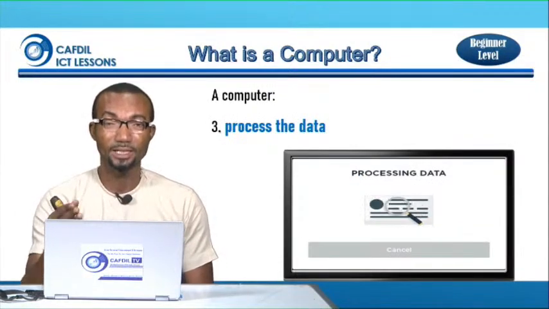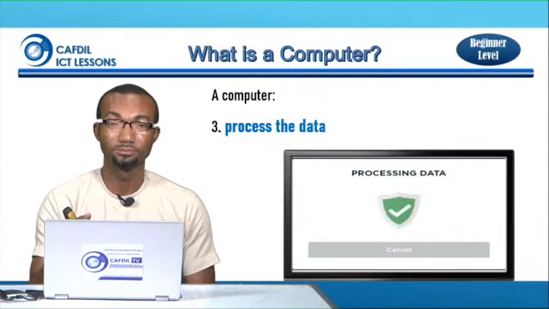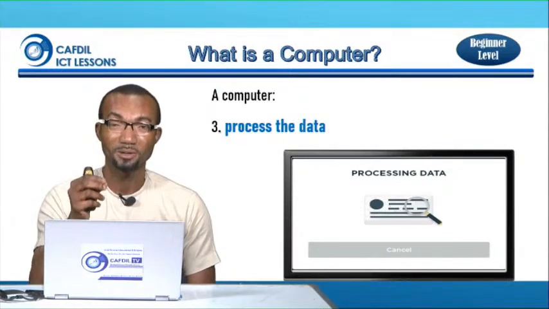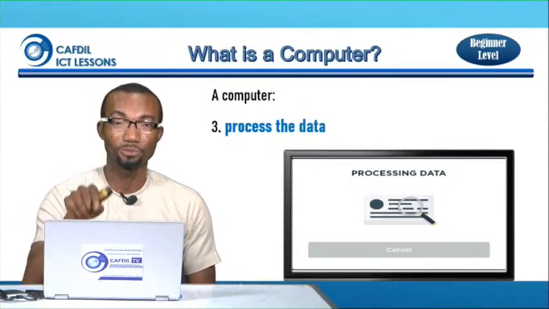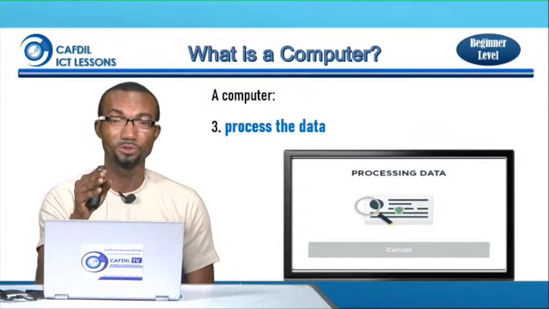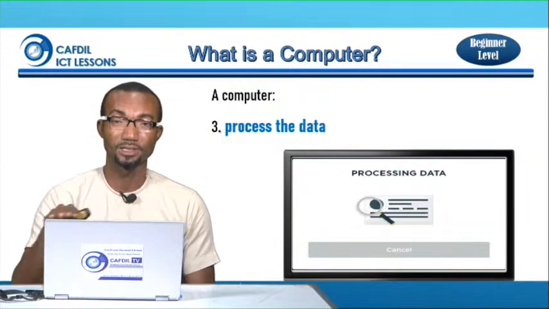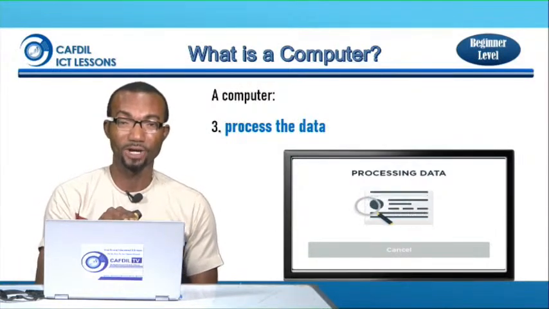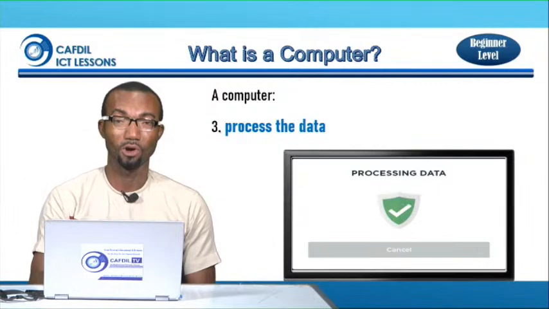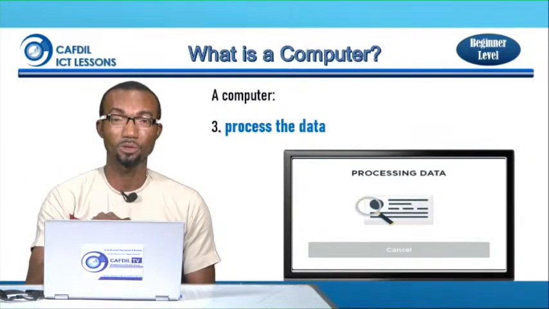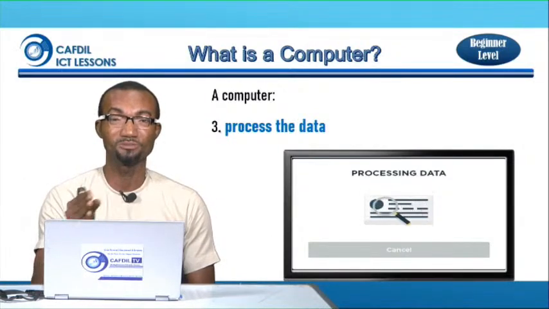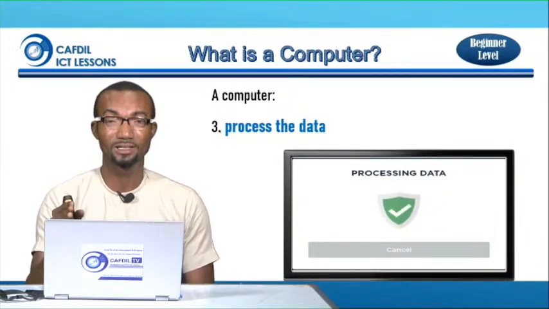After feeding data to the computer system, the computer must be capable of processing the data. So you see on your screen that processing is going on, processing data. So if I punch 2 plus 2 on my calculator, the computer will process it and then it will give me an answer that is 4.